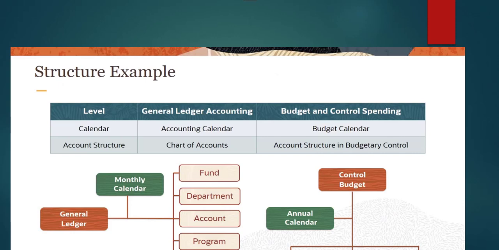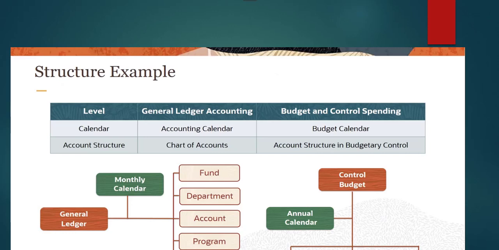Now budgetary control and encumbrance accounting enables public sector, higher education, and non-profit organizations to define and manage budgets and spending with better visibility into obligations and expenditures and comply with legal reporting requirements.